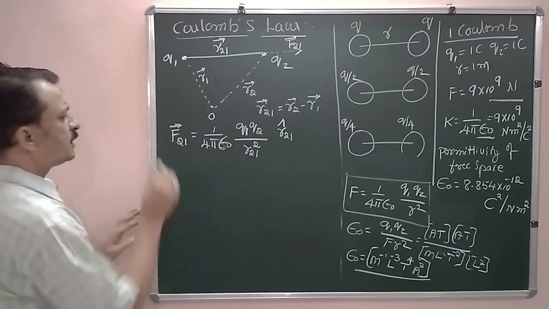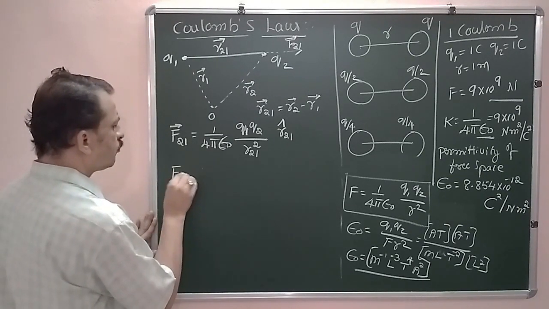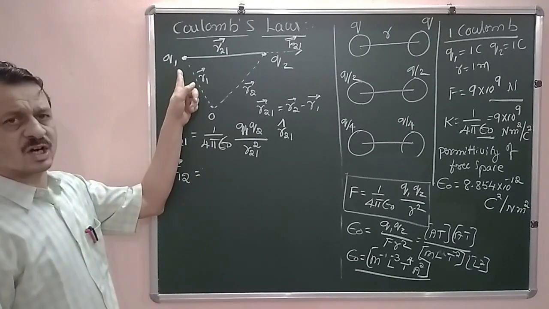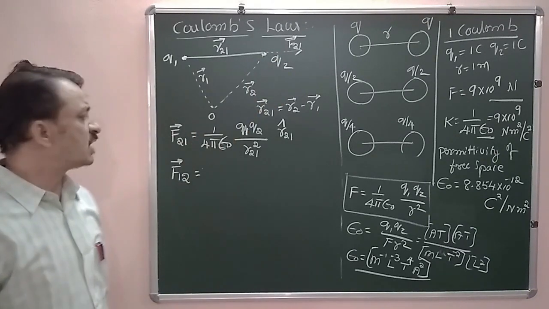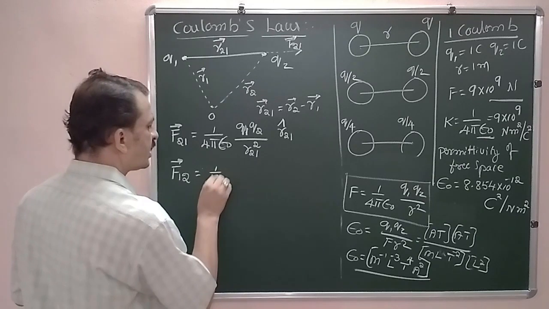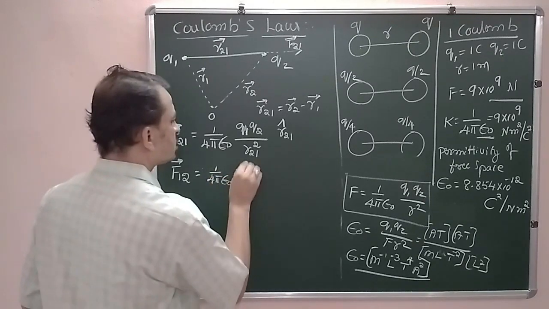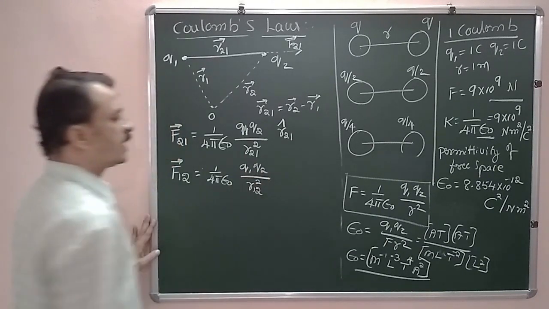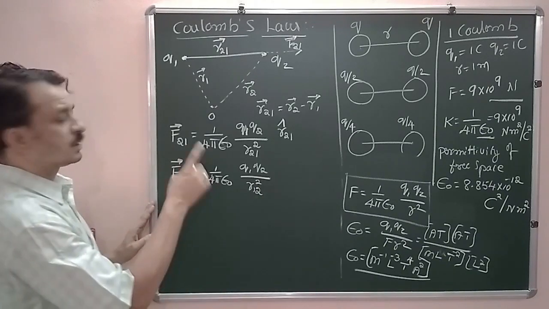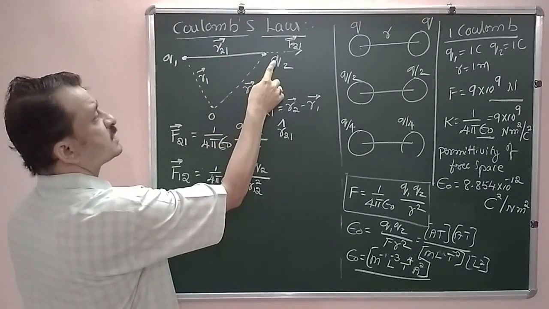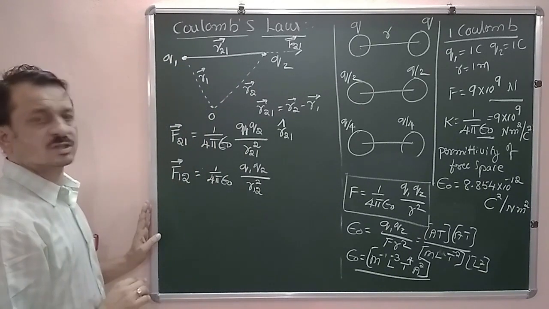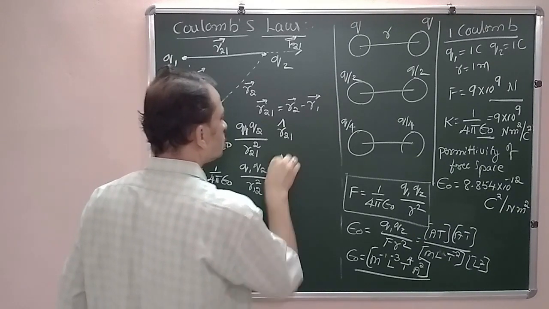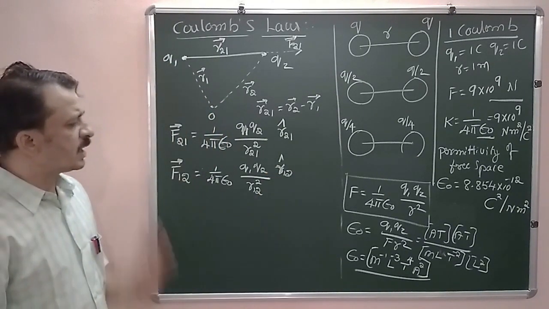Similarly, we can define one more force F12 in the vector notation, where F12 is the force on the first charge due to the second charge. That can be written in vector notation as 1 divided by 4 pi epsilon naught Q1 Q2 divided by R12 square, where R12 is the position vector from second charge Q2 to the first charge Q1 with unit vector R12 cap.